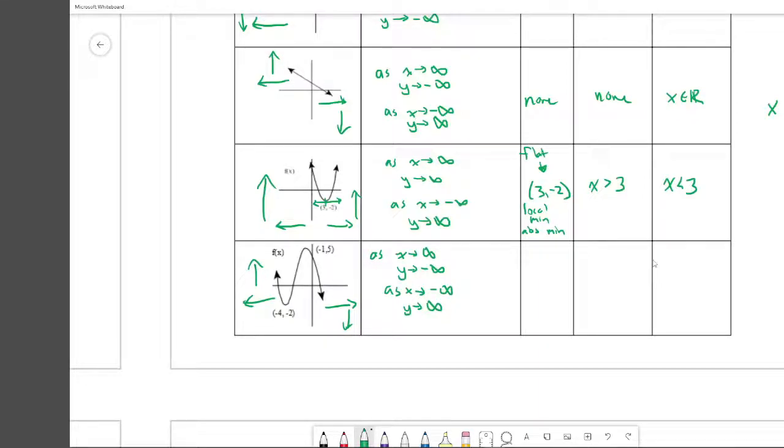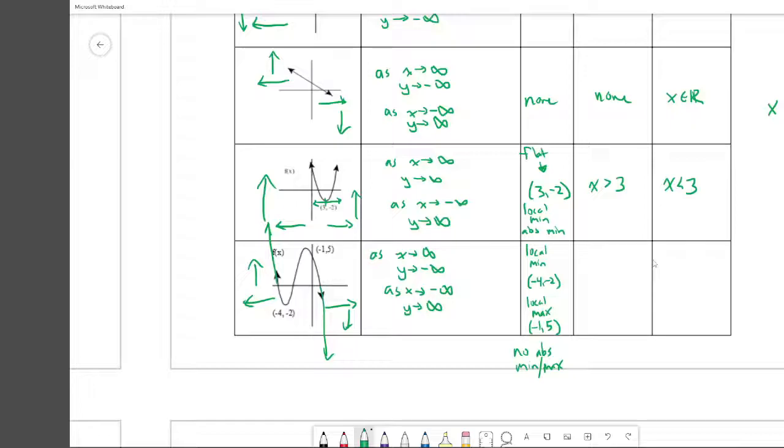It has a local min at (-4, -2). It has a local max at (-1, 5), and it has no absolute min or max, because as you can see, it goes up to infinity and down to negative infinity, and therefore never has a highest or lowest value.